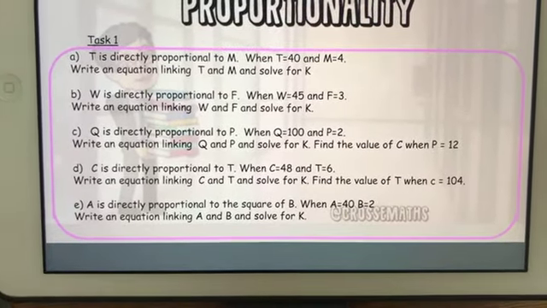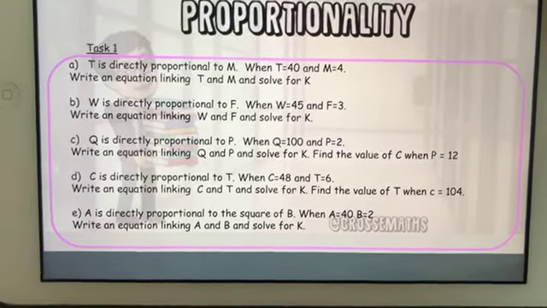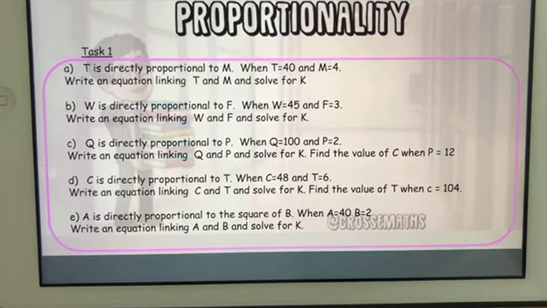So this is similar to what it would look like for your exam, okay, if it was directly proportional. I'll give you 2 minutes to get a couple of those done.